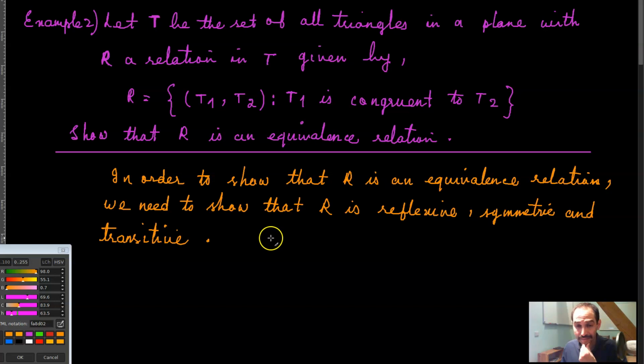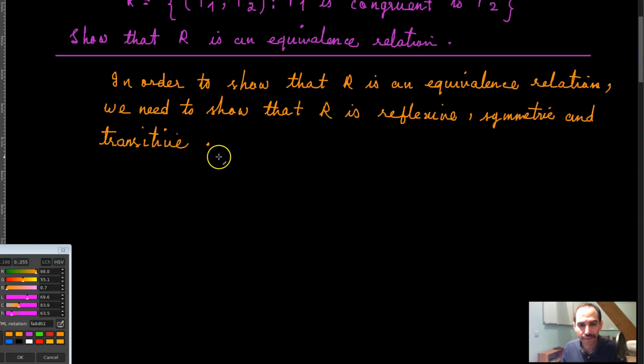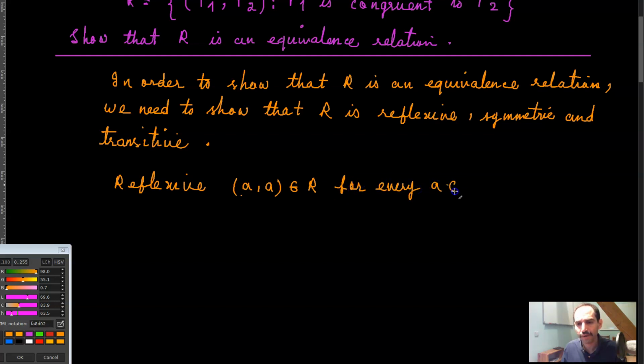So in order to show that R is reflexive, we said that the definition for reflexive was that a relation R in a set A is called reflexive if A comma A belongs to R for every A belonging to R, right?